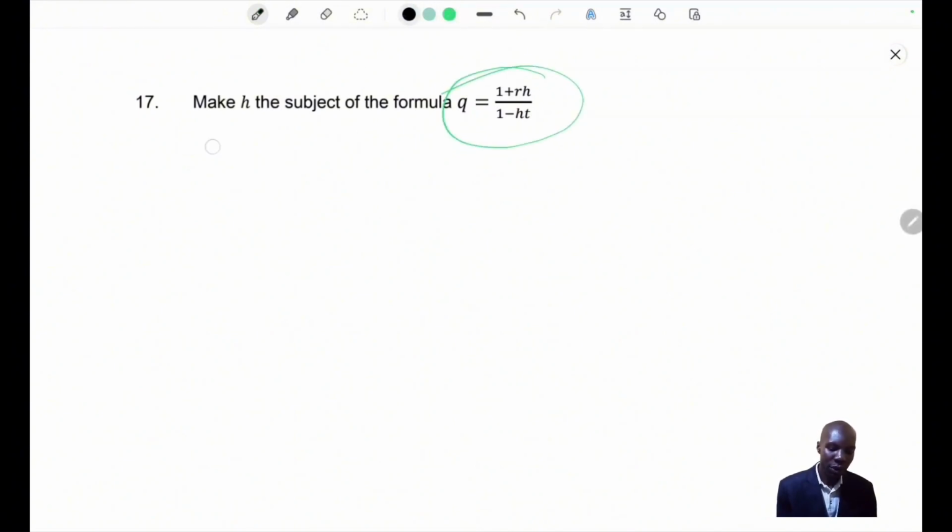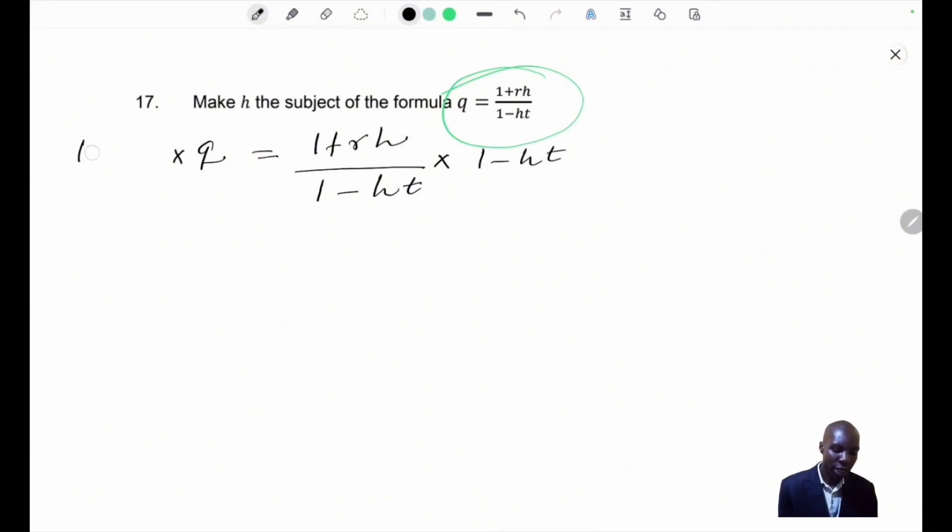The first thing that we can do is to cross multiply both sides by the denominator. So this one will cancel with that.